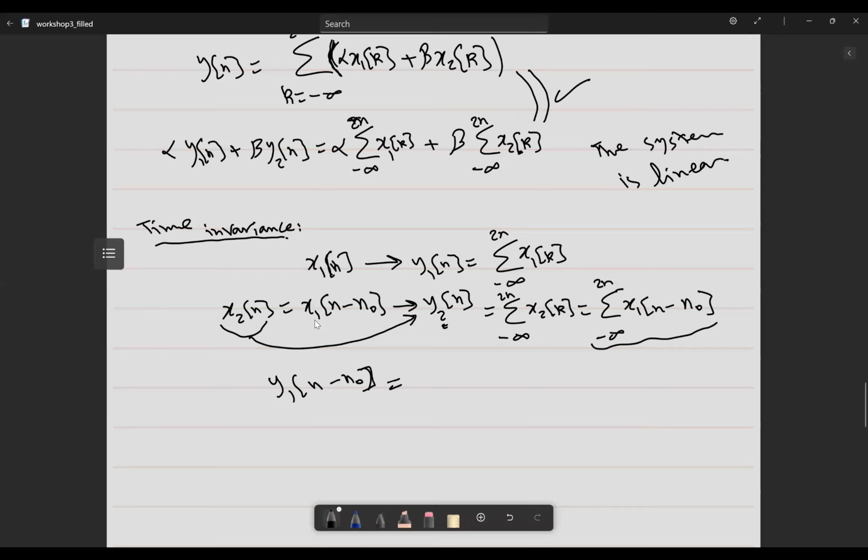So y[n minus n0]. We forget about everything that happened here, x1 and the system, and just assume that this is a signal and a function of n. Oh, yeah, I made a mistake here. I've written n minus n0. That's not correct.